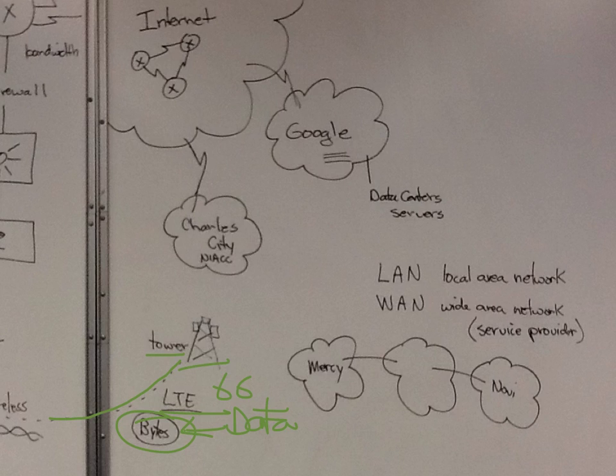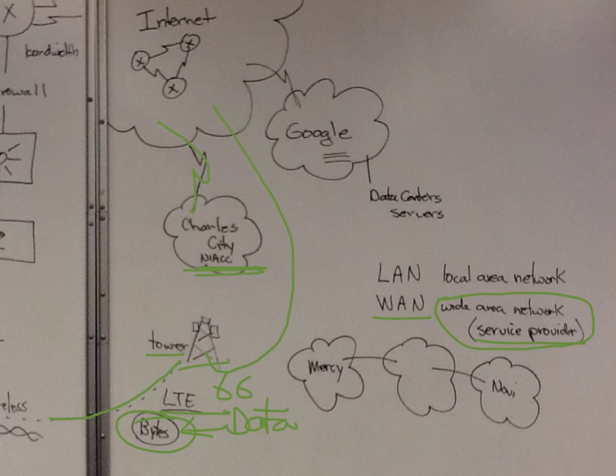Connect to some tower, and then that tower connects in to the internet, if that's what you're doing. We got an example here of a wide area network. Typically a service provider, but doesn't always have to have a service provider. Charles City, NIACC, is connected to Charles City, so we have this WAN connection into the internet that allows us to connect.